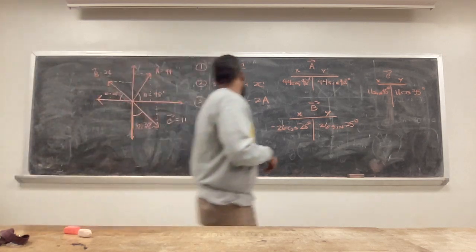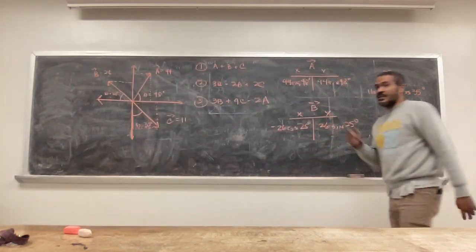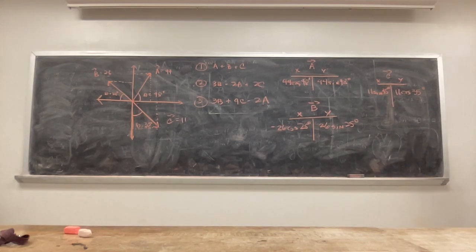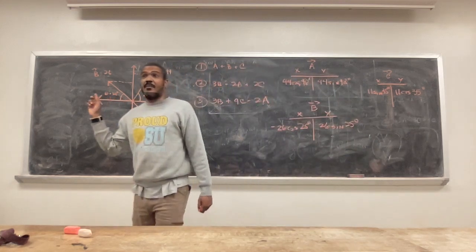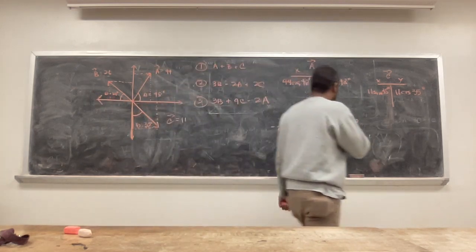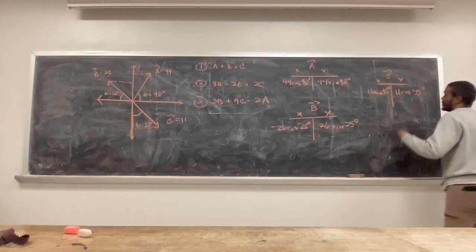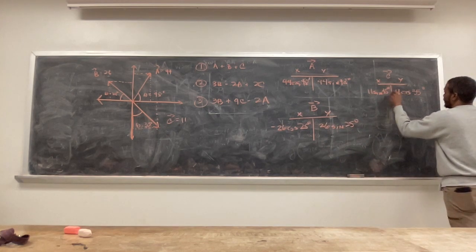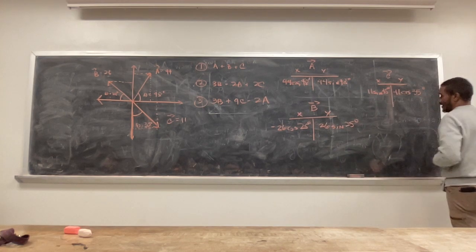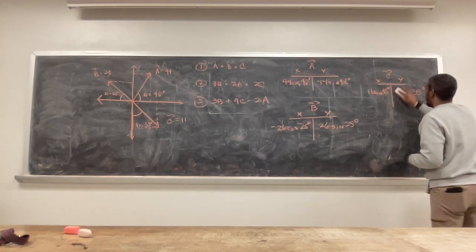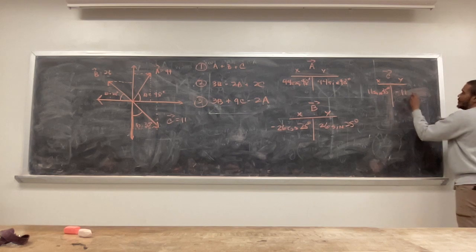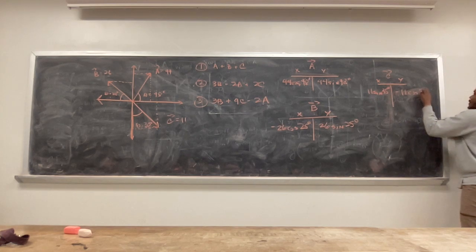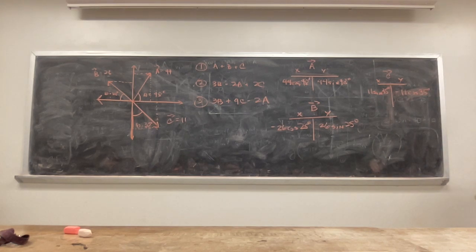Would y for C be negative? Yes. And x will be positive, because we're in the 4th quadrant. So the y is negative 11 cosine 35.